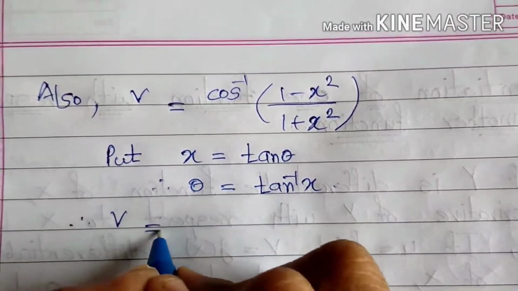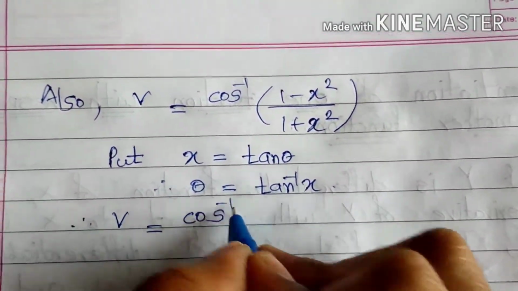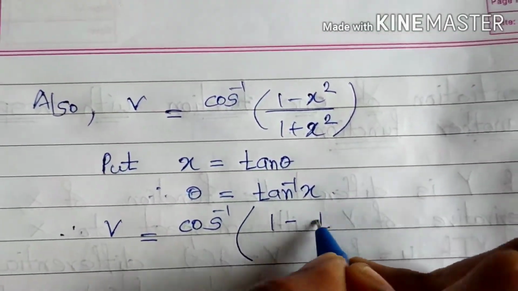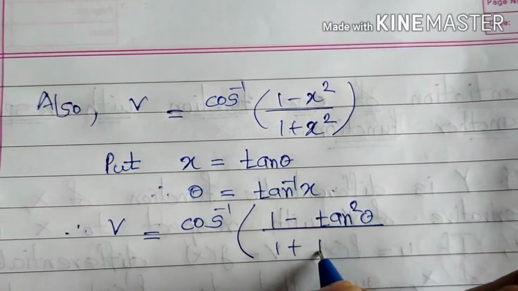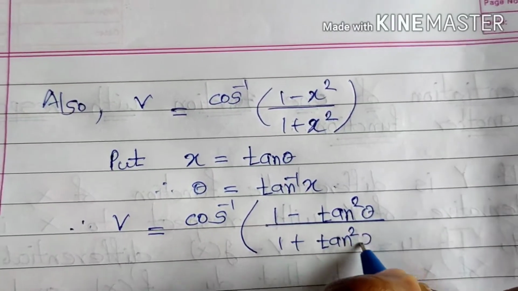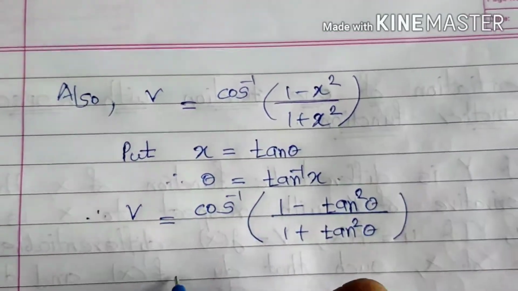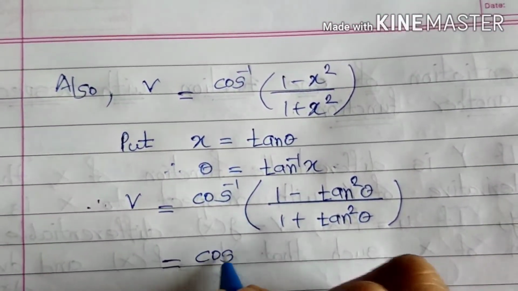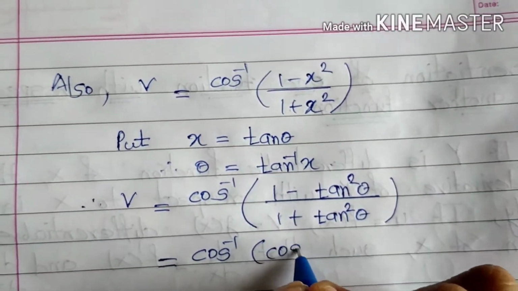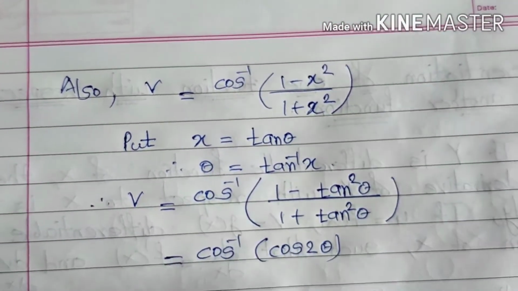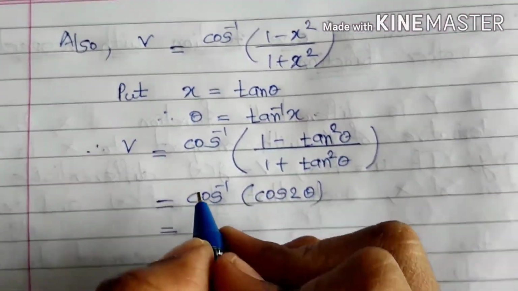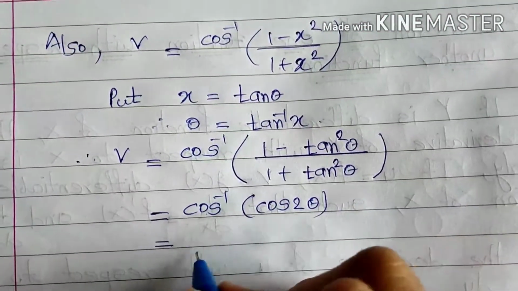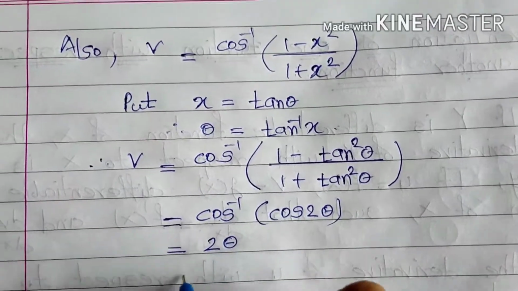Therefore v is equal to cos inverse 1 minus tan square theta upon 1 plus tan square theta, which is the formula of cos 2 theta, and we know that cos inverse of cos 2 theta is 2 theta.